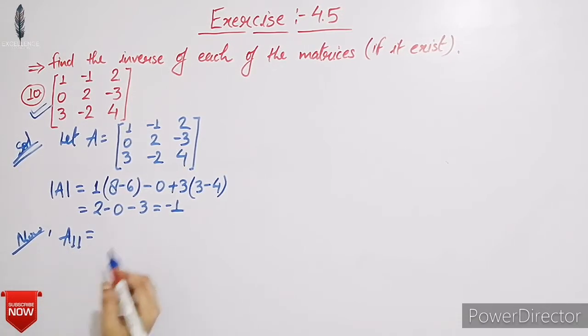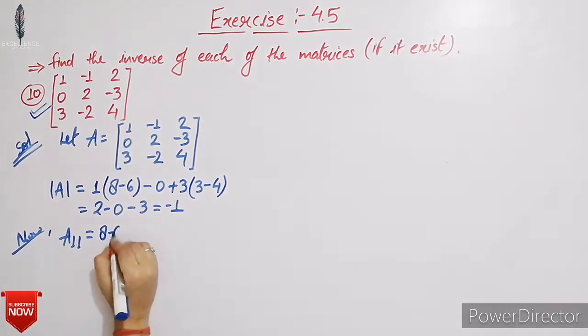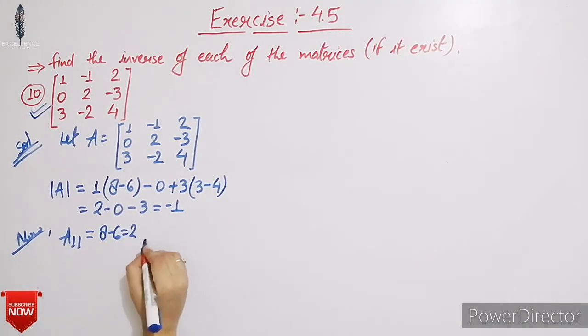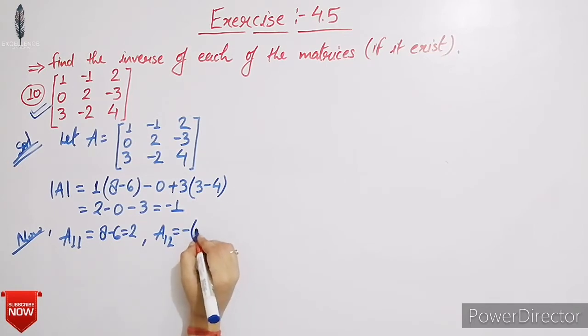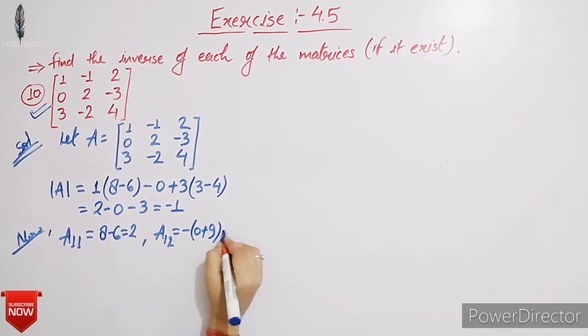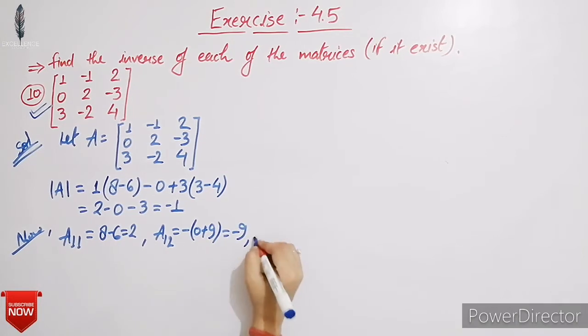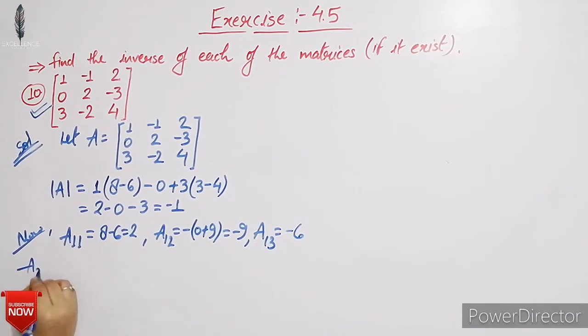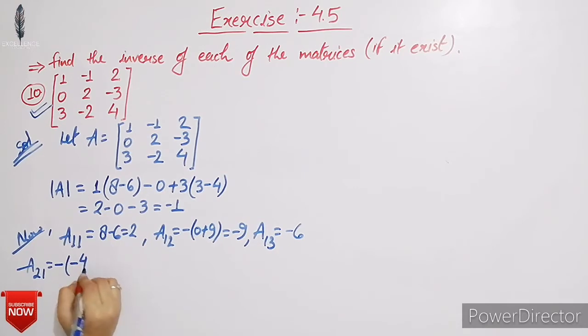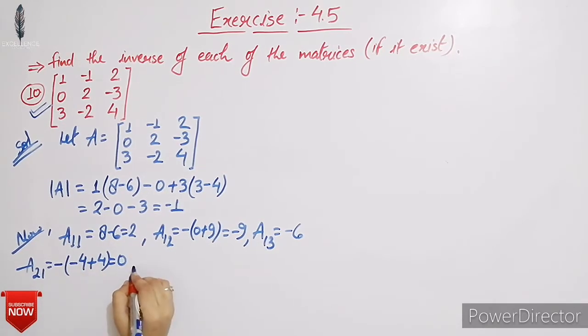So A11 is positive M11, that is 8 minus 6, which is equal to 2. Now A12 is minus (0 plus 9), which is equal to -9. A13 is equal to 0 minus 6, that is -6, and A21 is -4 plus 4, so it is equal to 0.